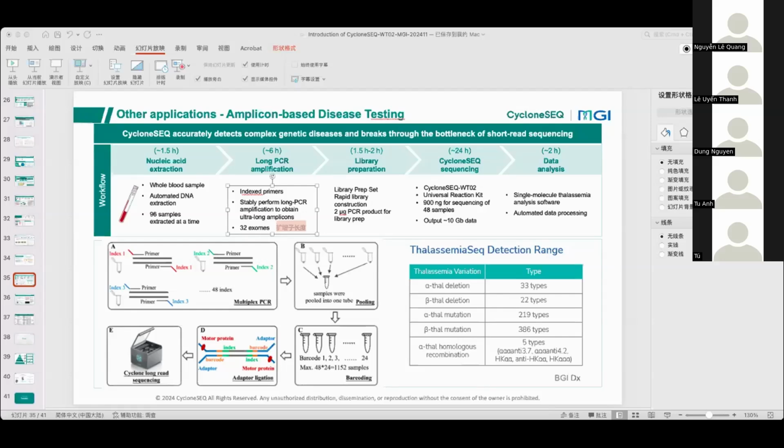So the yield, of course, I think it doesn't make much sense to compare the yield because the consensus sequence is a product made from the raw sequences, right?